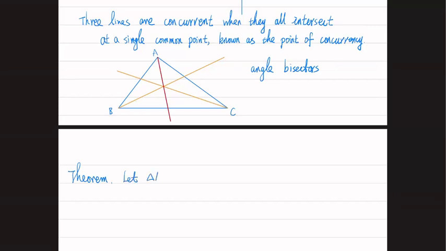Let A, B, C be a triangle. The three angle bisectors are concurrent.